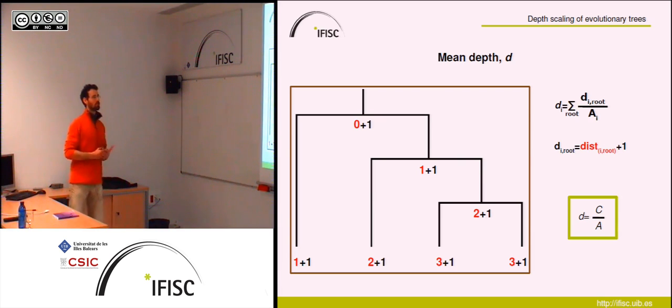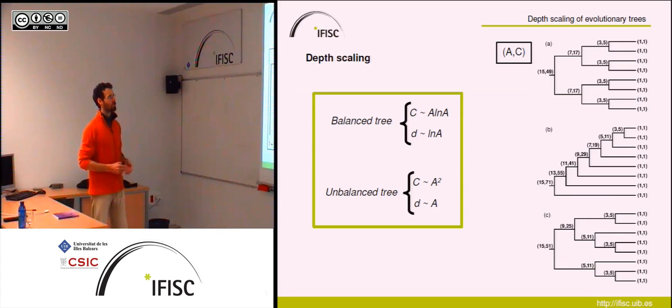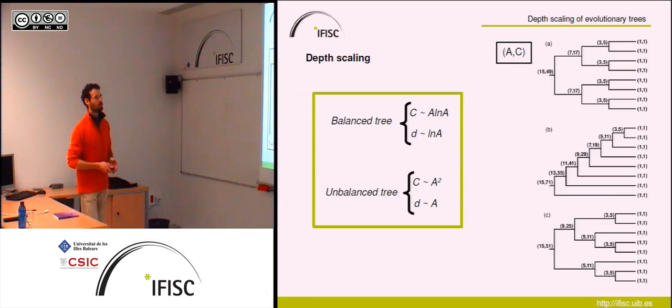The relation between the two measures for the characterization of the tree shape, the cumulative branch size and the mean depth, is given by this identity: the mean depth corresponds to C over A.